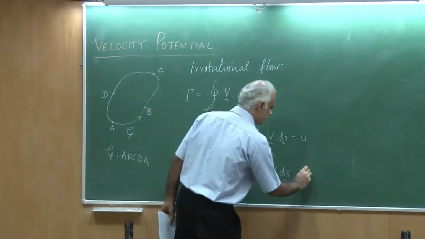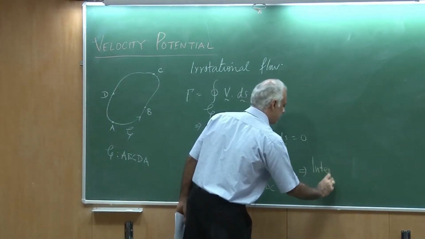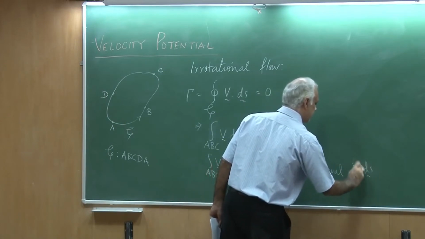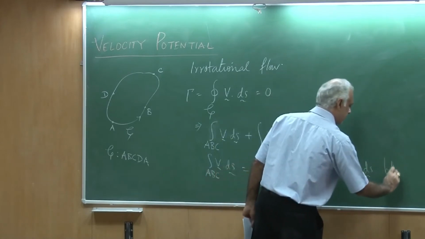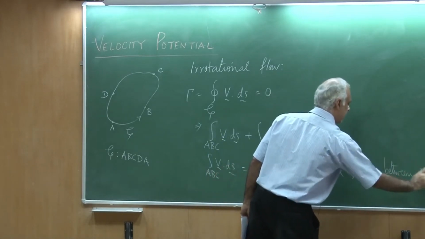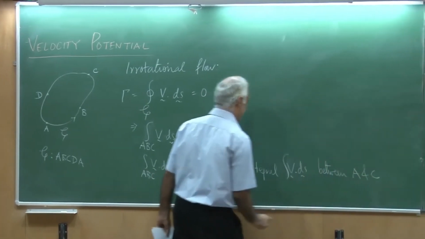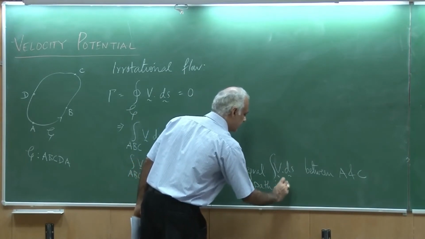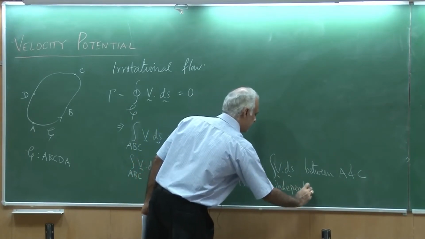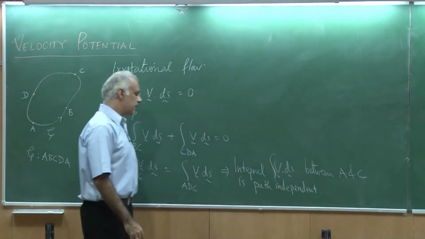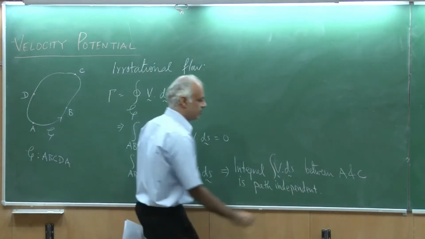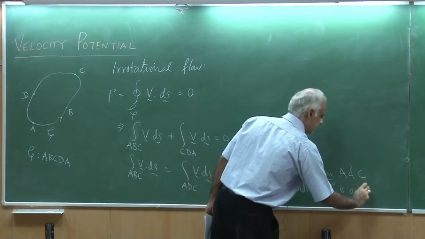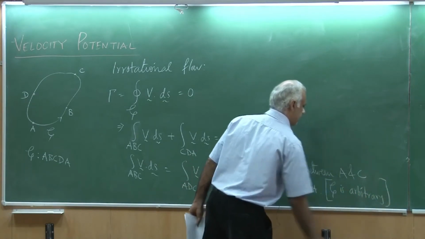Okay, so, what this result shows is that the integral of V dot ds between A and C is path independent. And the argument is because the curve is arbitrary.